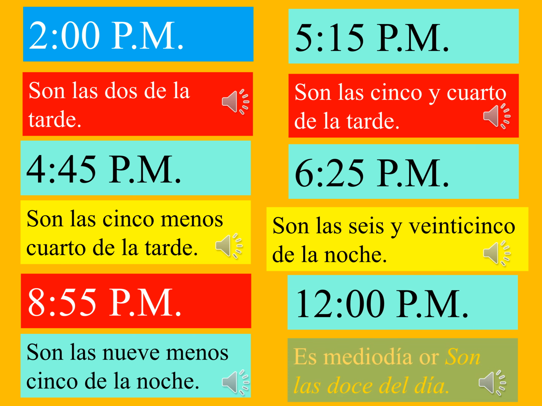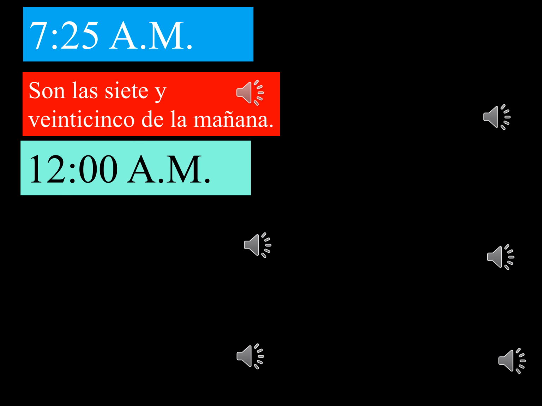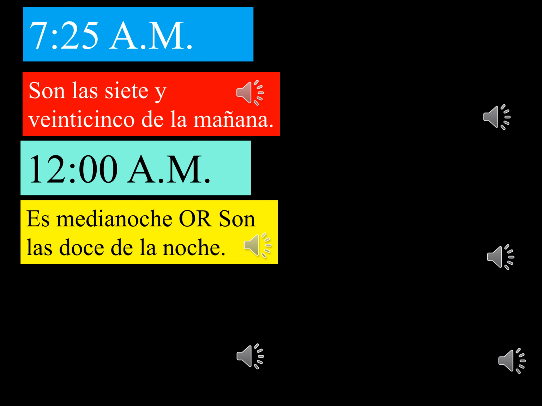Es mediodía. Son las 12 del día. Son las 7:25 de la mañana. Son las 12 de la noche.